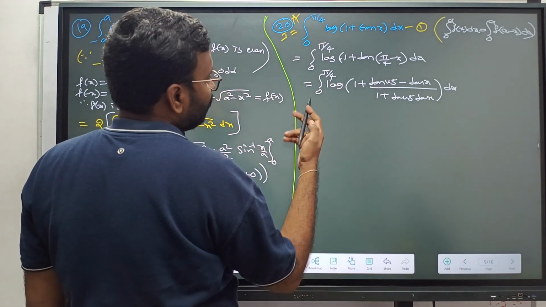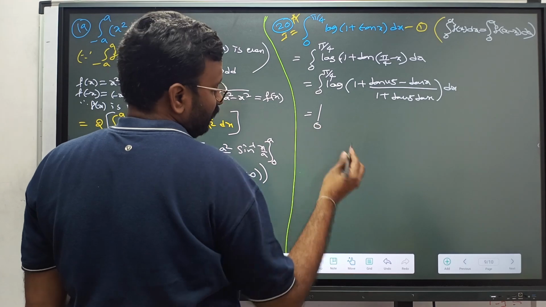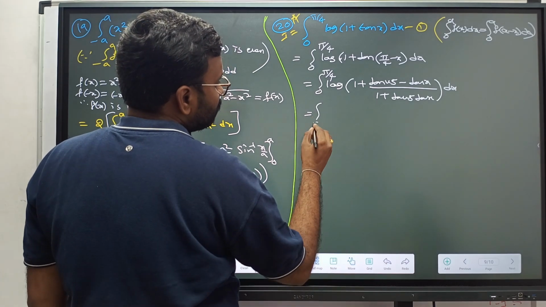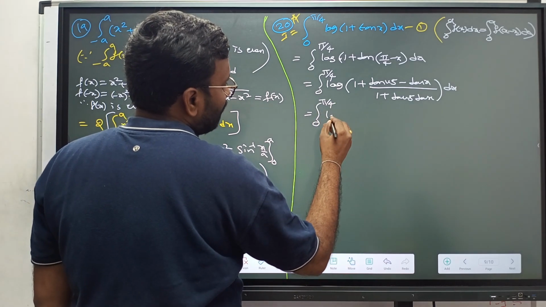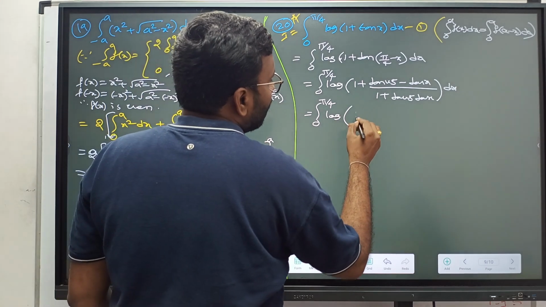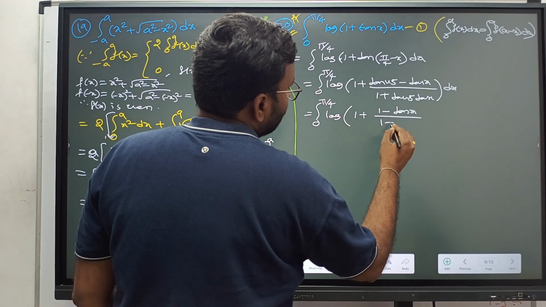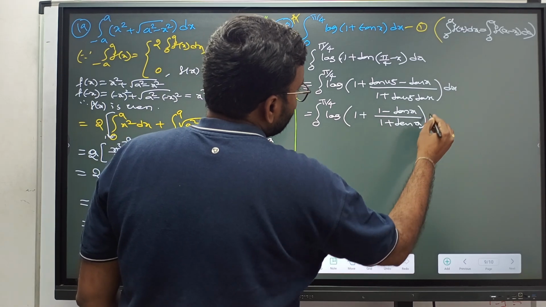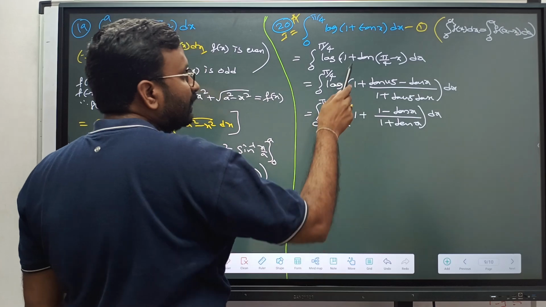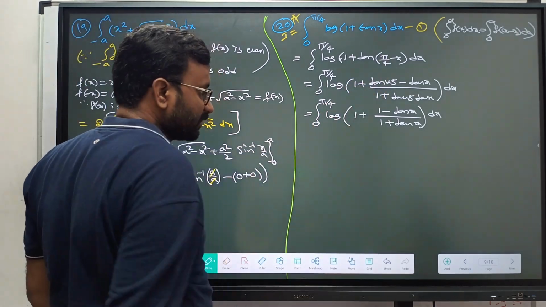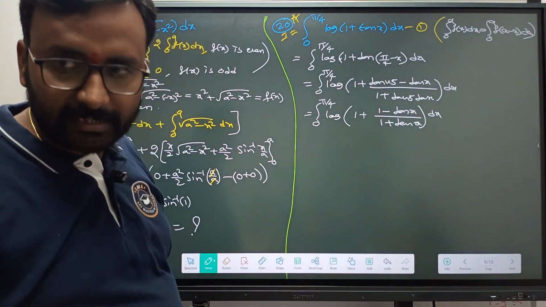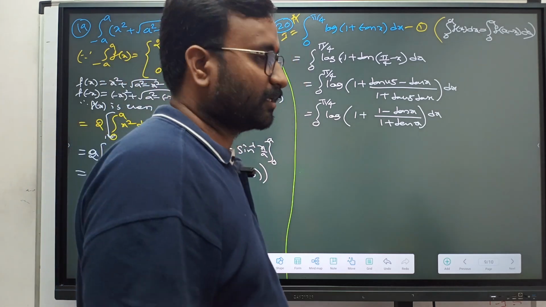What is the value of tan 45? Yes, 1. So integral 0 to pi by 4 log of 1 plus (1 minus tan x by 1 plus tan x). Okay? This is directly a trigonometry formula. Tan of 45 minus x is 1 minus tan x by 1 plus tan x. Right? Also we can write cos x minus sin x by cos x plus sin x.